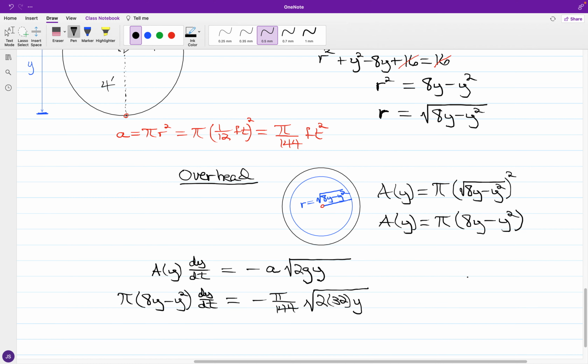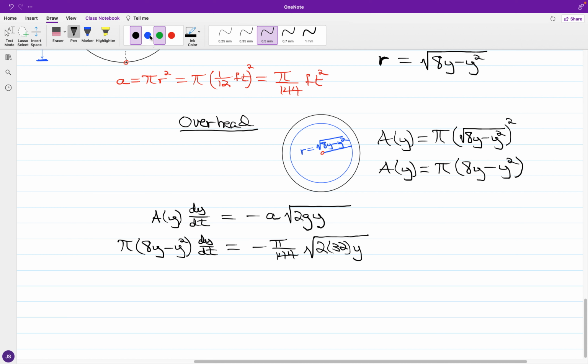Okay, and just doing a little bit of simplifying in advance. We've got pi's on opposite sides of the equation, so I can get those out. And 2 times 32 is 64, and the square root of 64 is 8, and 8 over 144 will be 1/18.